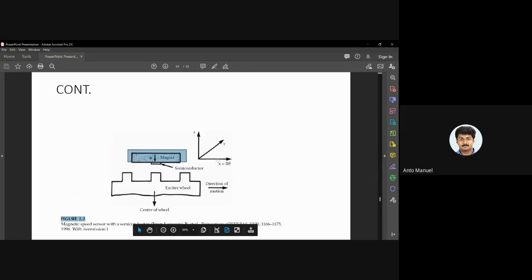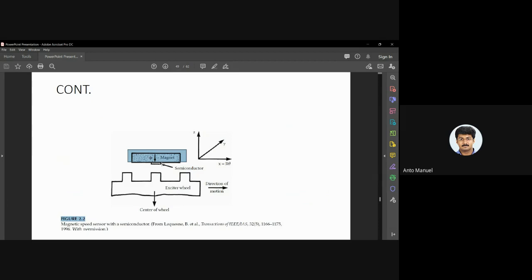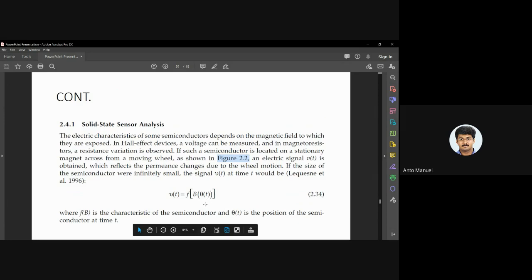From this diagram, the exciter wheel changes continuously, which influences the current carried through the semiconductor and changes the magnetic flux inside this system. The output signal is a function of the characteristics of the semiconductor as well as the position of the teeth. That's all.